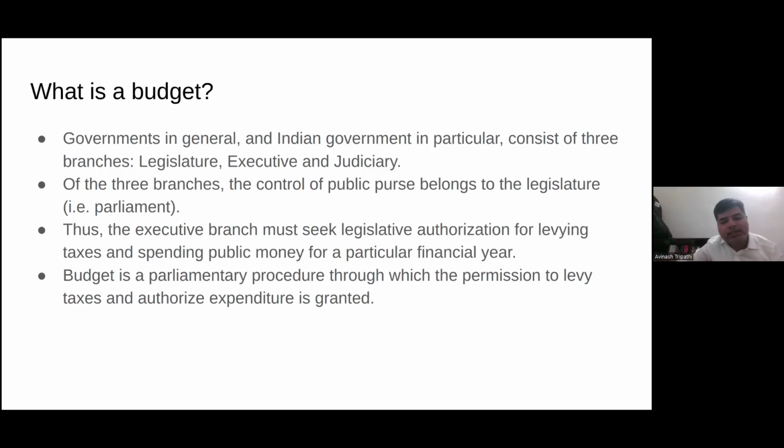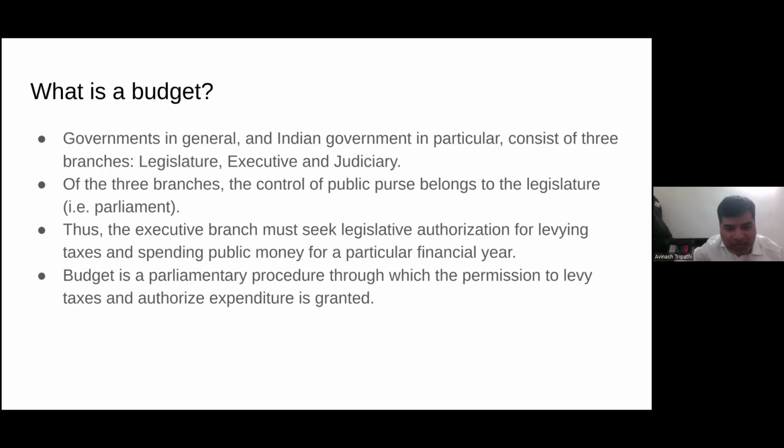The second thing is that a tax, by definition, has no quid pro quo. So what is a quid pro quo? Quid pro quo is a kind of payment that is made in anticipation of something else. For example, let us say I am going to buy this pen. I am making some payment to the shopkeeper, and the shopkeeper is going to give me this particular pen. So this pen is my quid pro quo for the payment I am making.